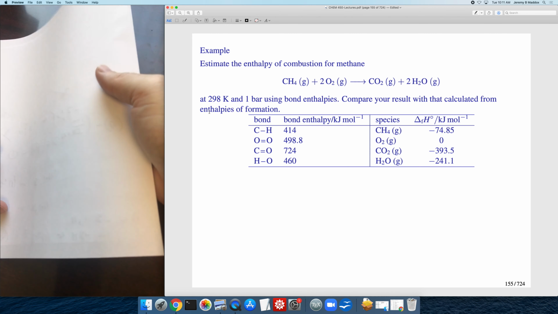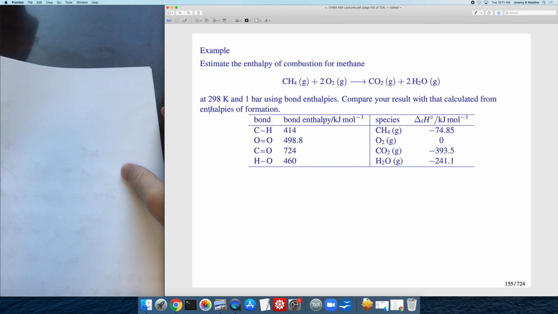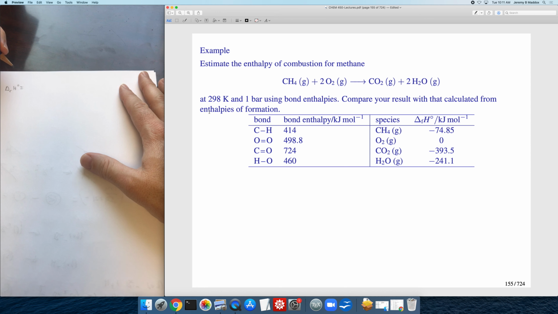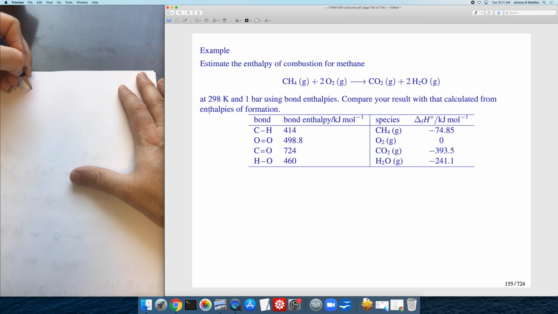What you want to do is the following. So this is an estimate. You're going to break bonds. So it's bonds broken minus bonds formed. That's the way I remember it. So you're going to be breaking 4 carbon-hydrogen bonds. So bond enthalpy for carbon-hydrogen, and there's 4 of them that are being broken.